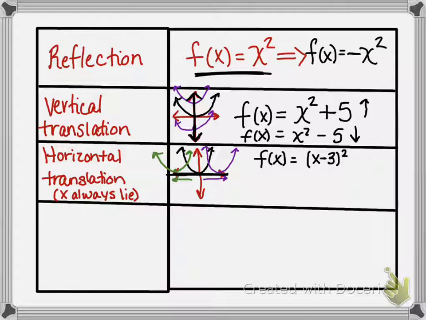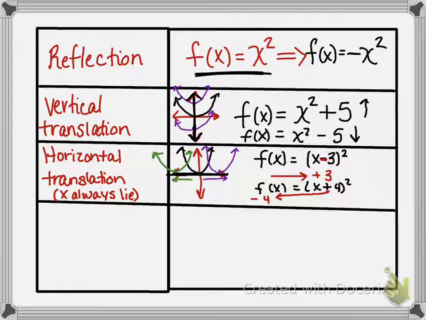So this says it's moving negative 3, which means it's really moving to the right, positive 3. Now on the flip side of that, we can do another one. f of x equals, let's do x plus 4 just so we have different numbers there, squared. This says that it's a positive, so I know it's moving the other direction. It's moving negative 4. So it's moving to the left. So x is lying.